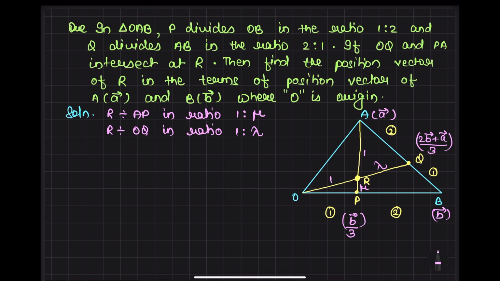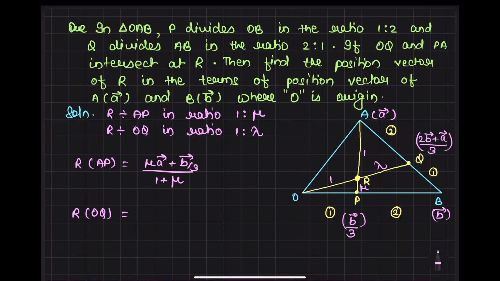Now we will find R because of AP. So we will write (mu times A plus B) by 3 upon 1 plus mu. Then again we will find R because of OQ.